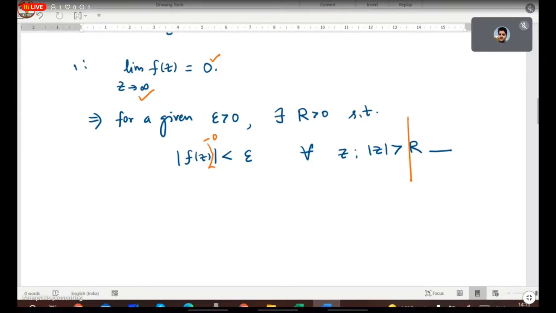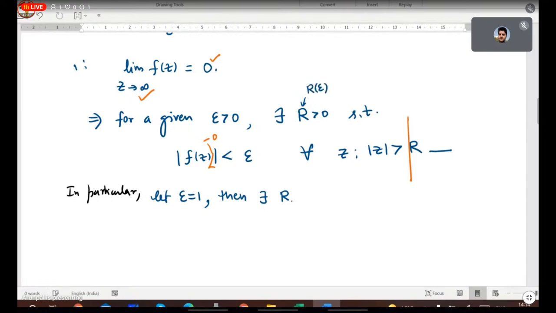So in particular, let epsilon be equal to 1. Then there exists some r. I am saying this r will depend upon this choice of epsilon.